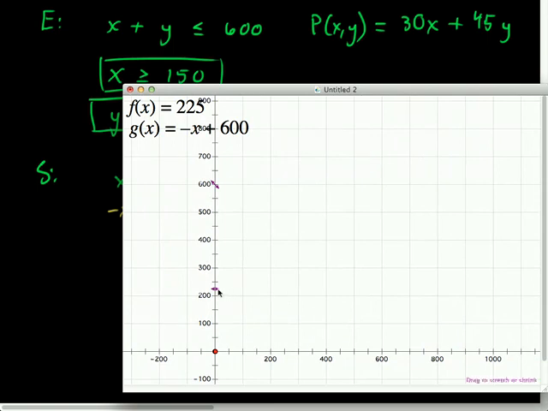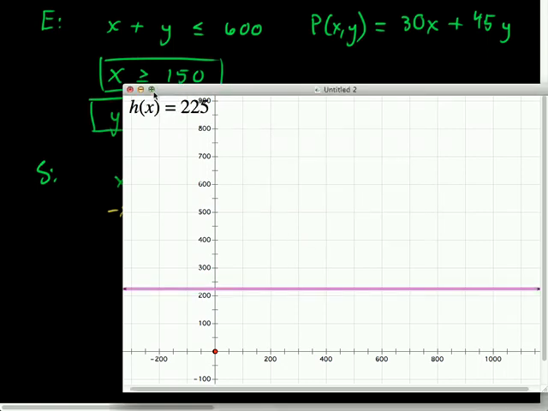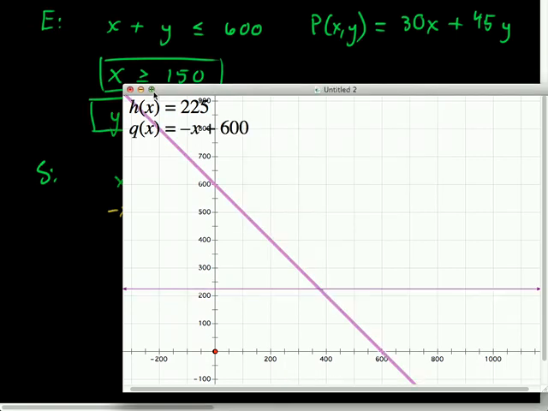They're hiding there. It's not showing the whole line. Why? Well, I can regraph those. 225. Now it's showing the whole thing now that I'm zoomed out far enough. And negative x plus 600. There we go.